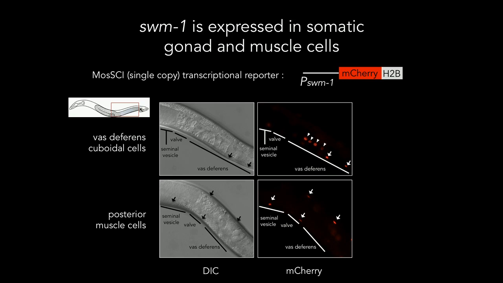Certainly not with the muscle, but I am working on doing some sperm competition experiments. I think I can also be a little bit more specific with regards to the seminal fluid, because I can express it only in the vas deferens and ask about its requirement, a post-mating requirement. Okay, thank you.